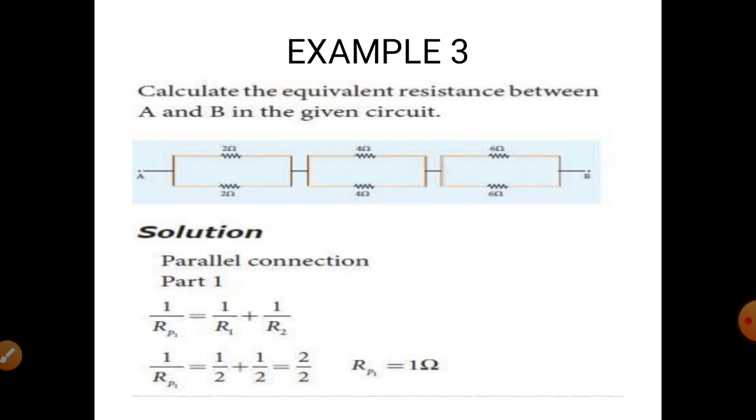And next problem is: calculate the equivalent resistance between A and B in the given circuit. A is the first terminal, B is the last terminal. In this problem, we have 3 parallel connections. So solve the parallel connections to find the equivalent resistance of each, and next we have to find the total resistance.